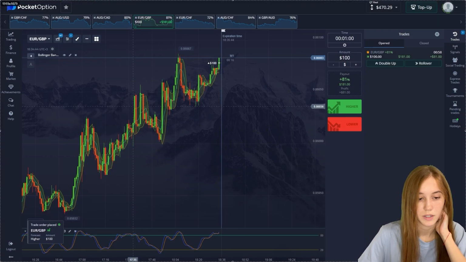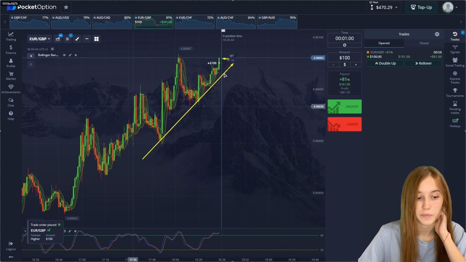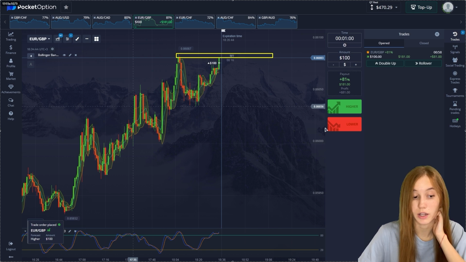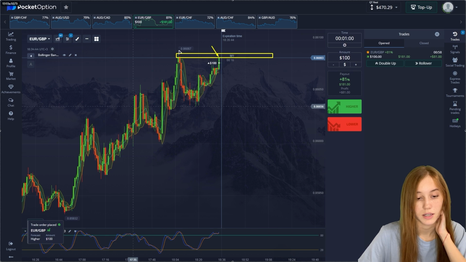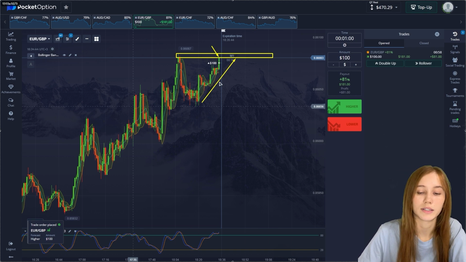Bollinger Bands says it's going up, and Stochastic is also in the upper position. Too much growth is happening on our chart. 3 seconds left. And the deal closed with a plus, good. That's nice. Our balance is $651.